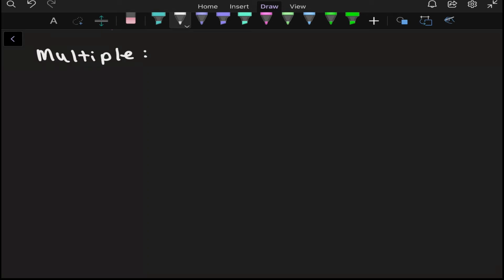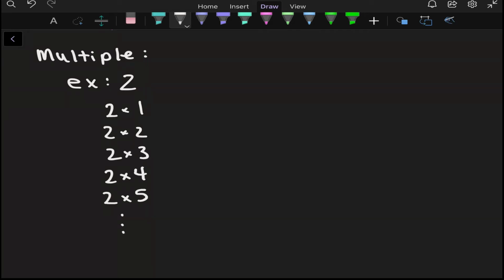For example, if I want to find all the multiples of 2, I'm going to take 2 times 1, 2 times 2, 2 times 3, 2 times 4, 2 times 5, all the way down to infinity. And these products would all be multiples of 2.